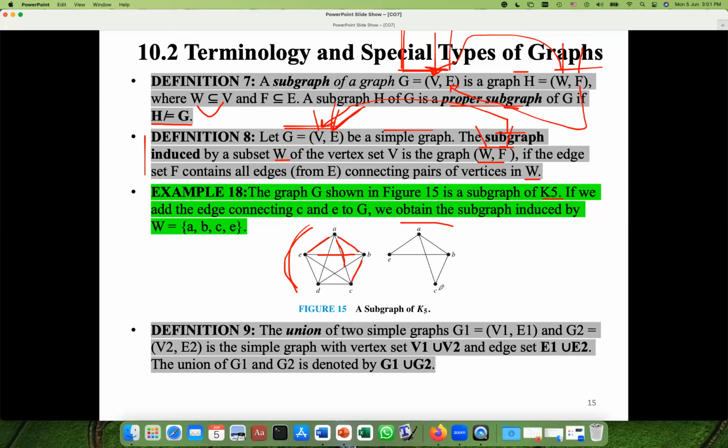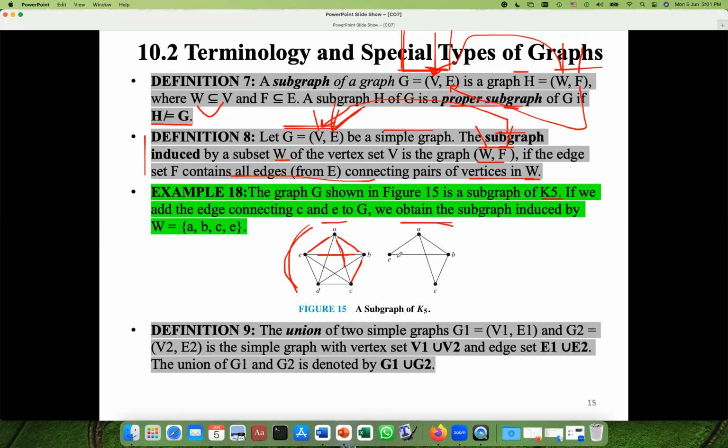So we have all edges from this E. Set F contains all edges from E connecting pairs of vertices in W. So this is a subgraph of this graph, but not induced.